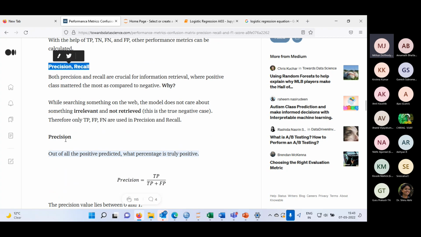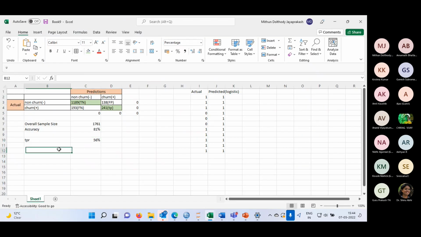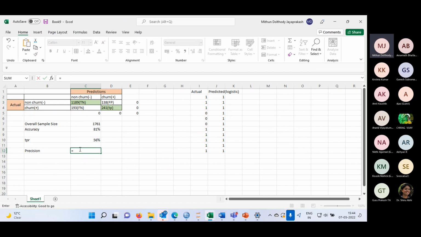So how do you calculate precision? Precision means out of all the positive predicted, what percentage is truly positive? So precision is simply TP divided by TP plus FP. TP is 241, divided by 241 plus FP 138.